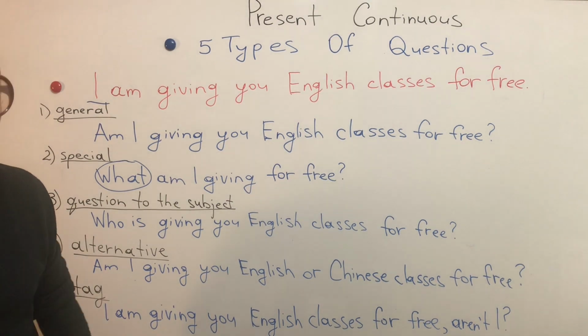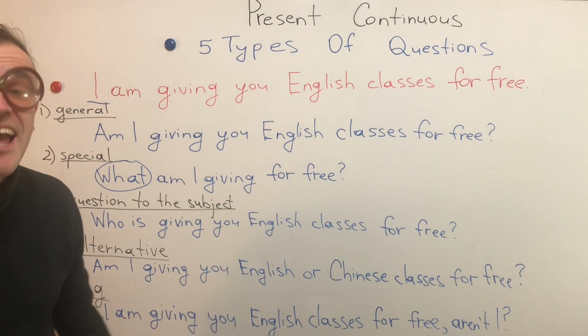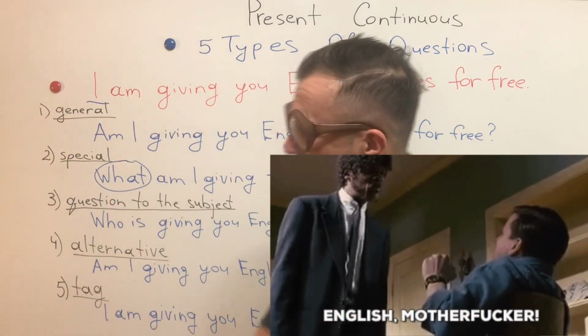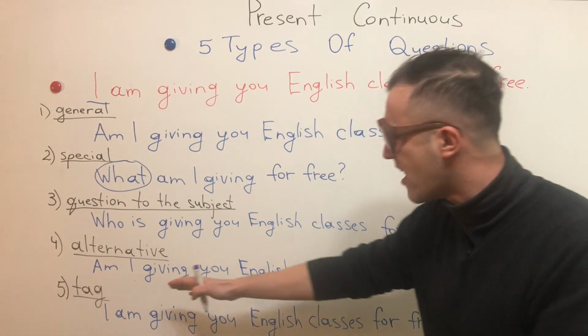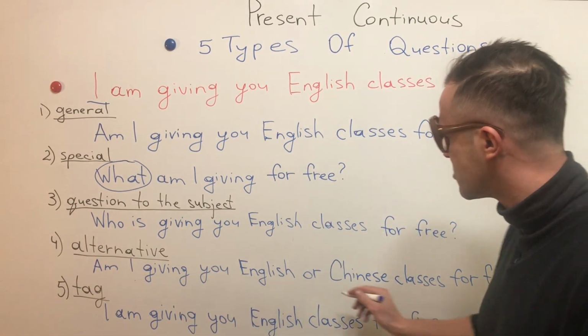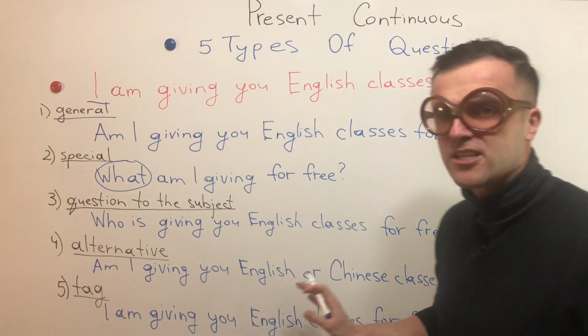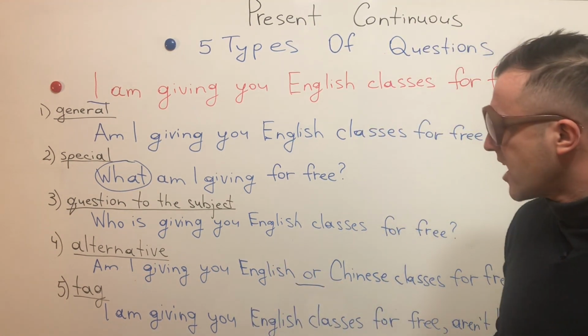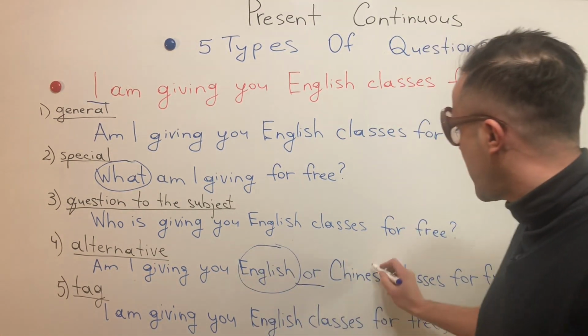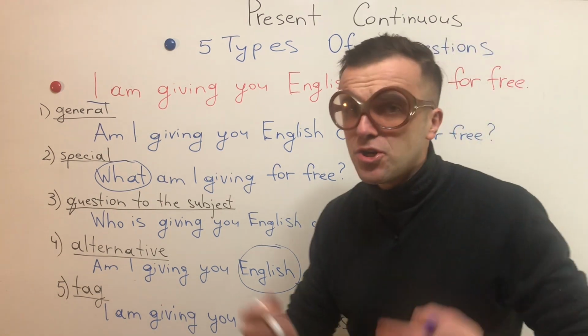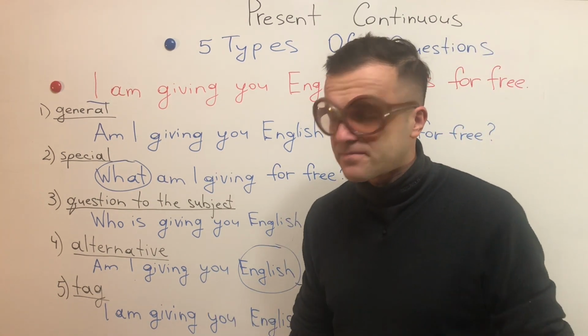I hope not. Maybe for some of you guys it's Chinese, but it's English, guys. But it's an alternative. Am I giving you English or Chinese? So here is the alternative. We use it by means of or. Okay? So English and Chinese are two alternatives.